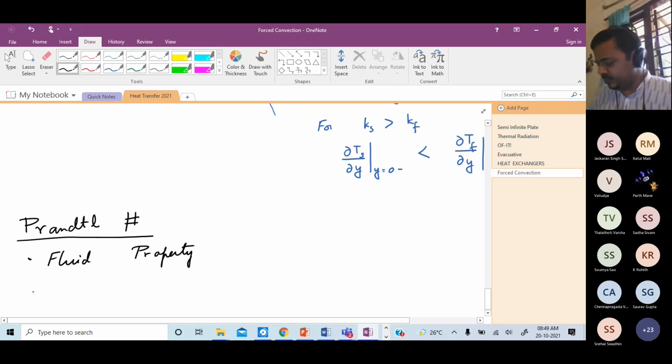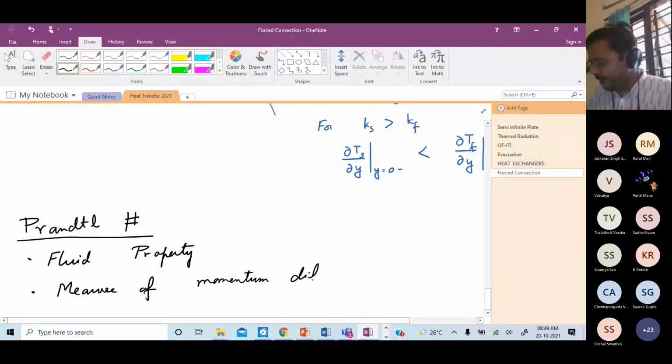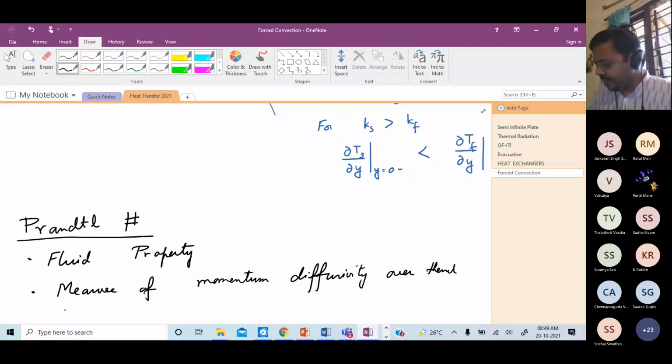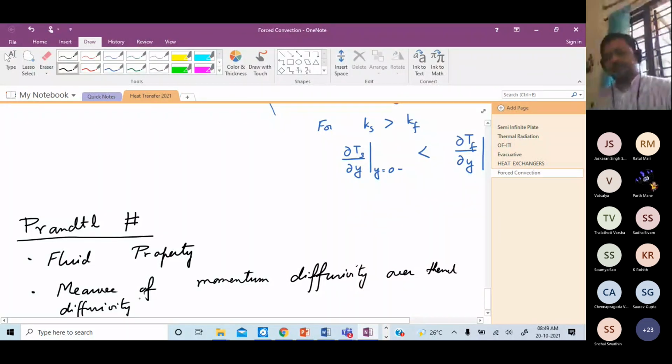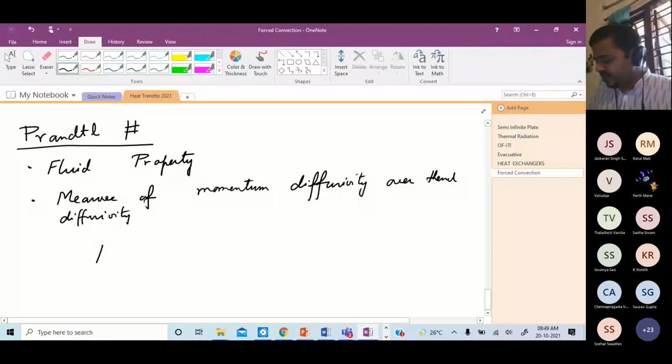The definition is that it's a measure of momentum diffusivity over thermal diffusivity. We defined it as Prandtl number equals mu Cp by K.